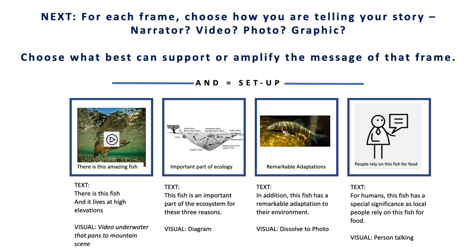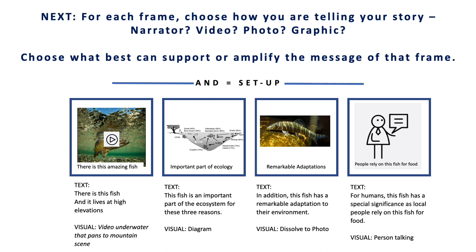So for each frame, choose how you are going to tell that story. Are you going to have a narrator? Are you going to have an interview? Are you going to have a video or a photo or a graphic? It's your group's task to choose what best can support or amplify the message of that particular frame.